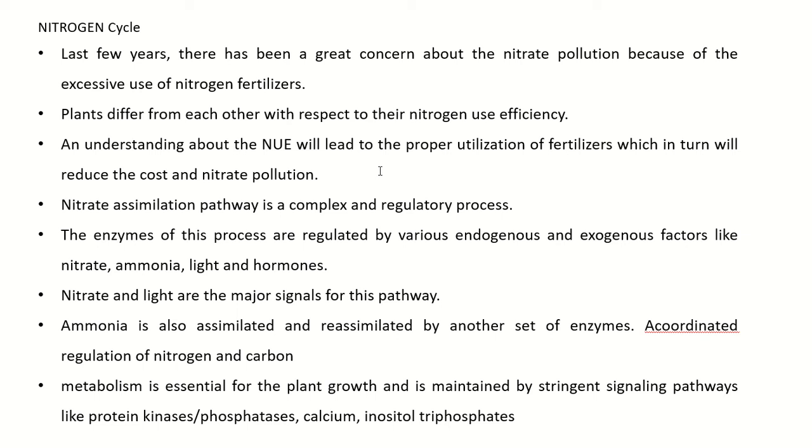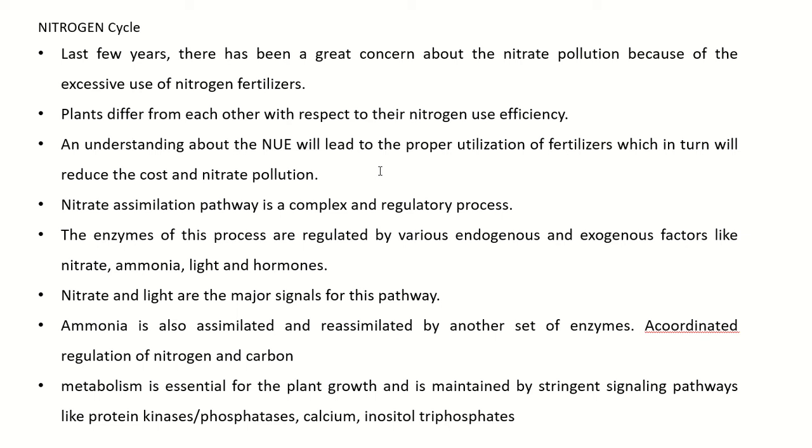I am speaking about nitrogen use efficiency. What are the factors for utilization in various species? That depends upon various exogenous and endogenous factors that include nitrate, ammonia, light, and hormones.